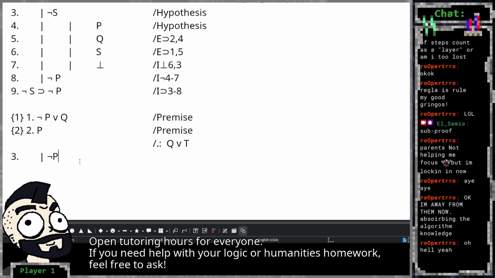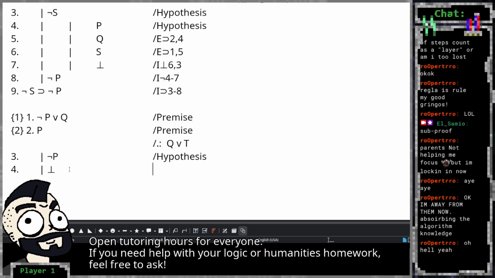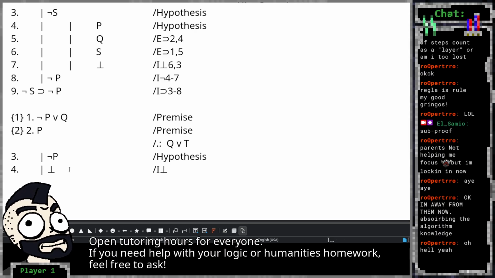The first one starts with the first formula of the disjunction. I will justify this by hypothesis. And immediately at 4, I have a contradiction. I have P in 2 and not P in 3. So I will introduce contradiction.